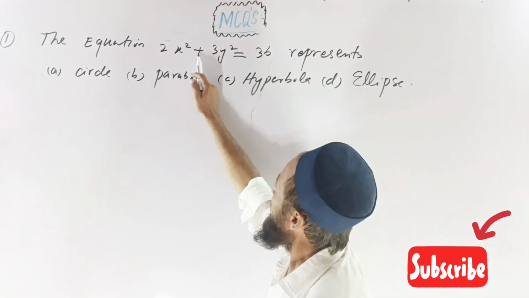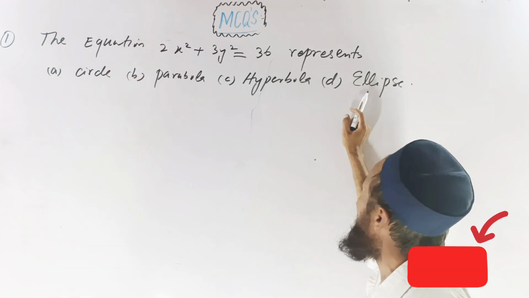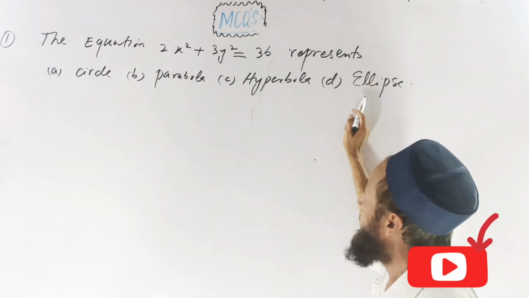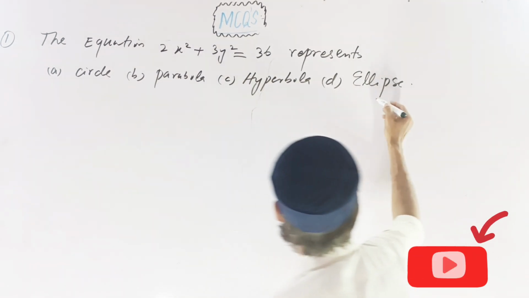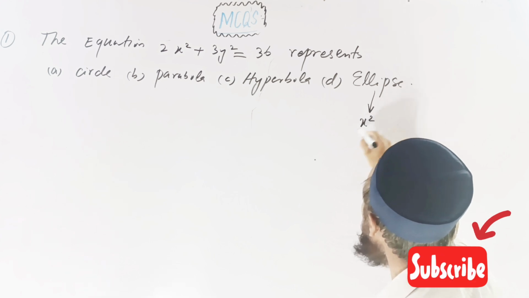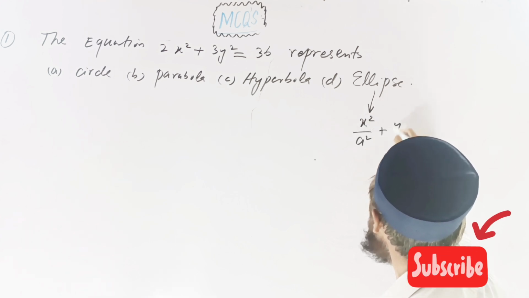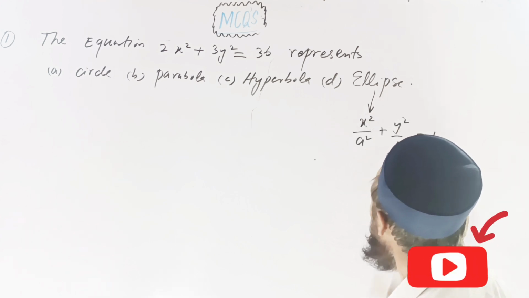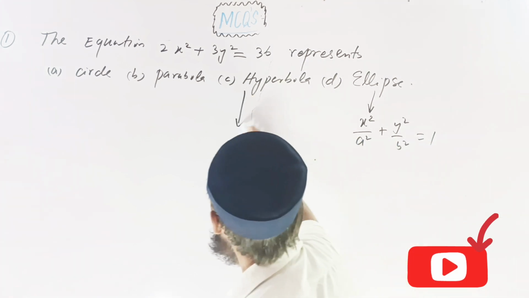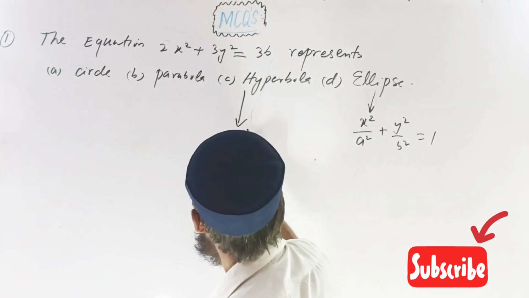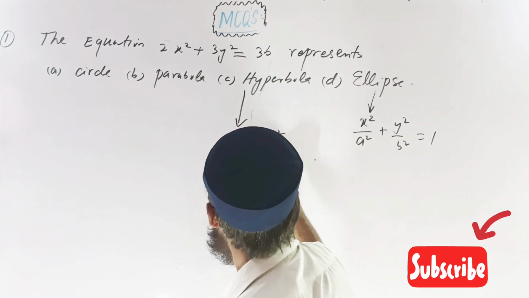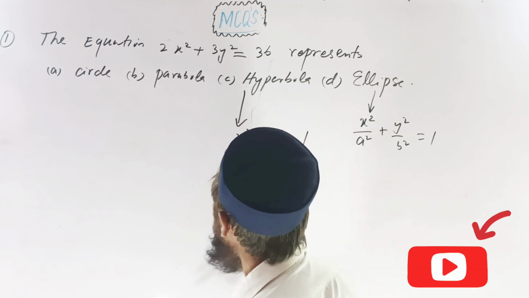The positive signs show that this equation follows the condition of an ellipse. The ellipse condition is x square divided by a square plus y square divided by b square is equal to 1. And for the hyperbola, we write x square divided by a square minus y square divided by b square is equal to 1.